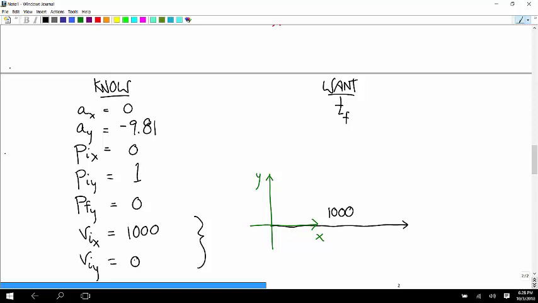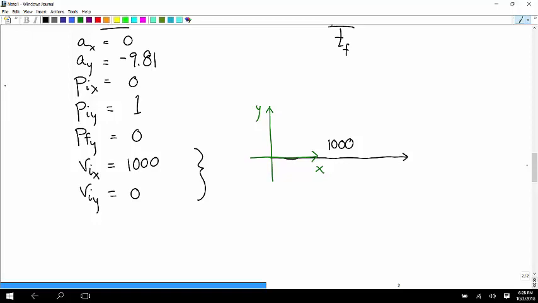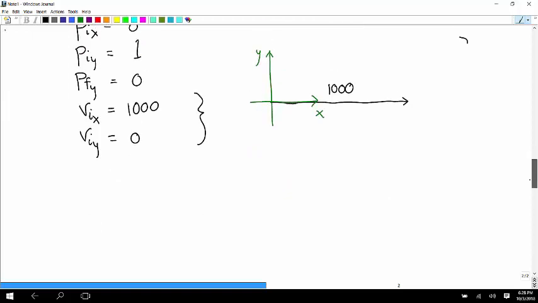And then we don't know anything about the final velocities. Okay, so is there an equation that works with this stuff to let us solve for time final? This one works.